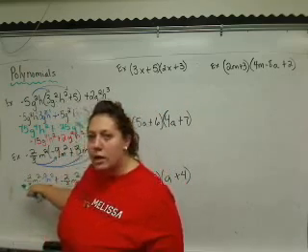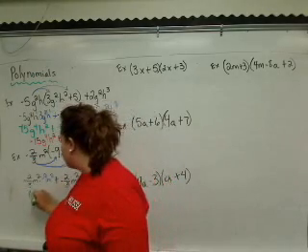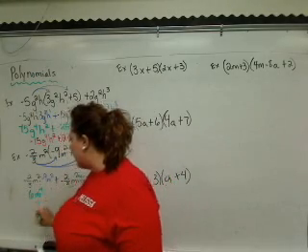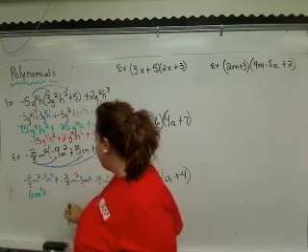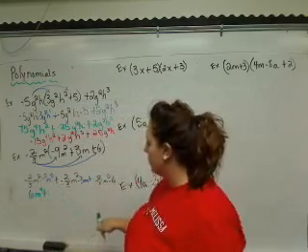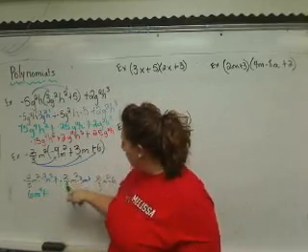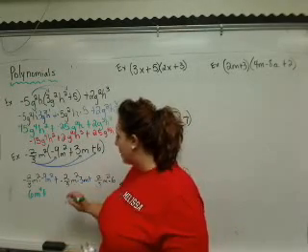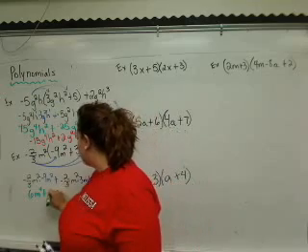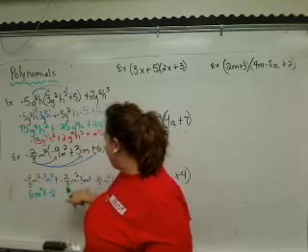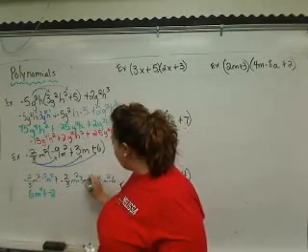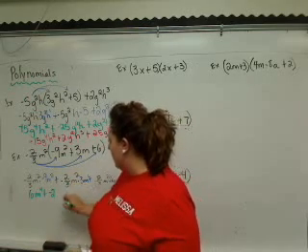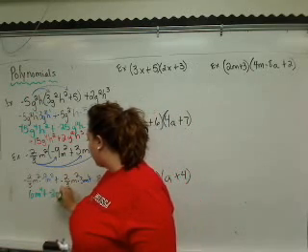M squared and m squared multiplied together gives me m to the 4th, because I add the exponents. Let's look at our coefficients. Negative 2 times positive 3 gives me negative 6, divided by 3 is a negative 2. I have m squared and m to the first power, so that gives me m to the third power here.